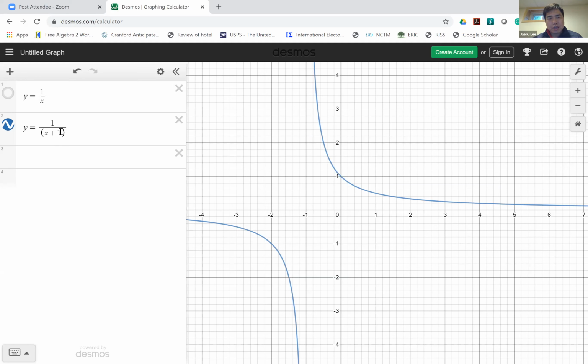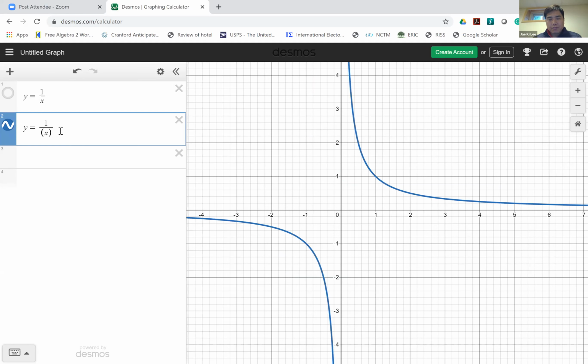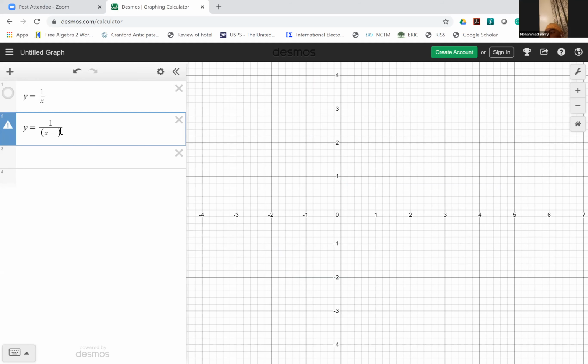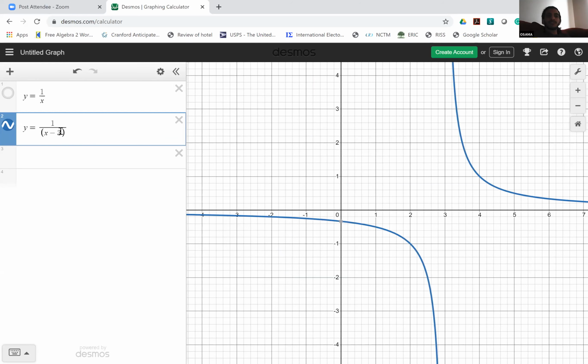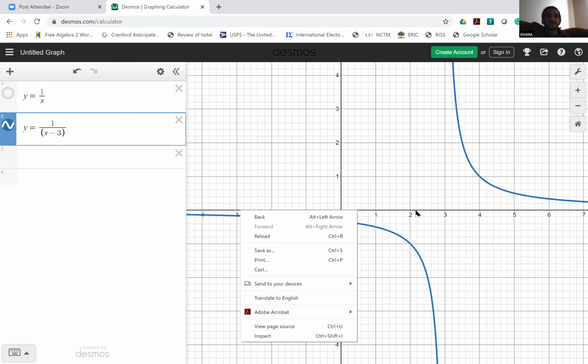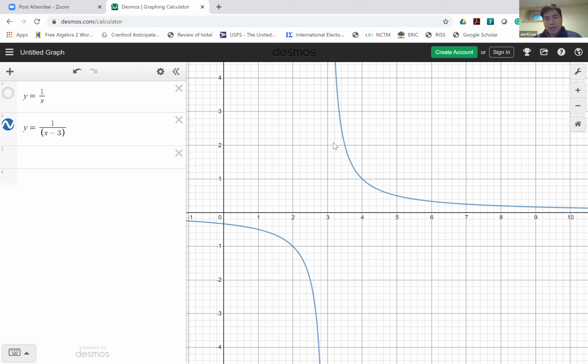So if I make it x minus 3, then what happened? It doesn't go past +3. It never passes the x equals 3 line here. In other words, the 1 over x graph moves 1, 2, 3 to the right side.